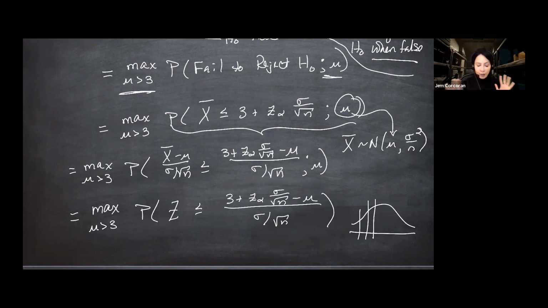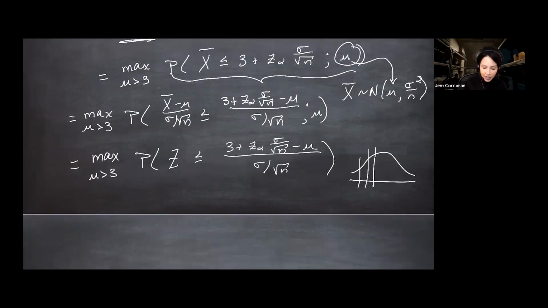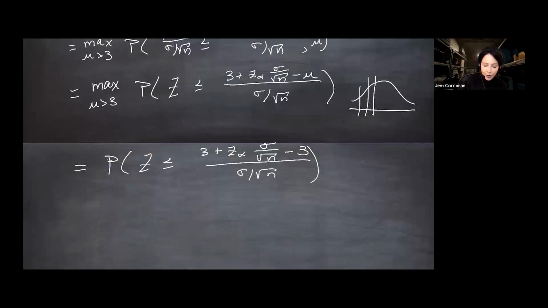So we get the maximum probability when mu is smallest. So again, by inspection, this is the probability that z is less than or equal to 3 plus z sub alpha sigma over the square root of n minus 3 over sigma over the square root of n. And that simplifies quite a bit.